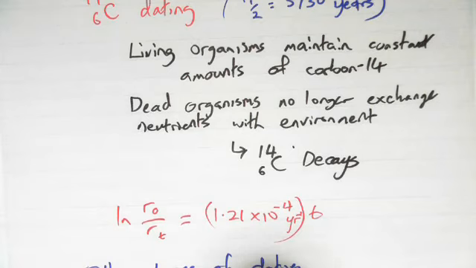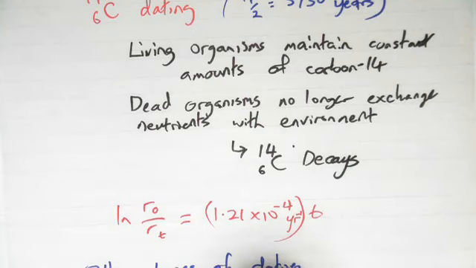So rearranging that, time equals the log of that ratio divided by 1.21 times 10 to the minus 4. You can work out the amount of time since that organism died, basically.